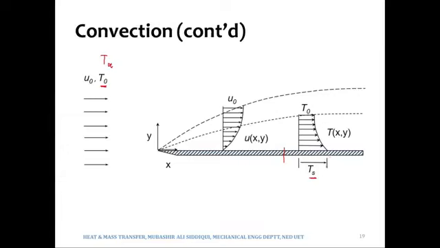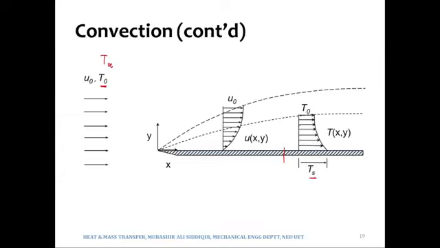However, if Ts is less than T infinity, the heat will flow from the fluid to the surface. Ultimately the heat will flow from higher temperature fluid to the lower temperature surface. So what will happen in that case?